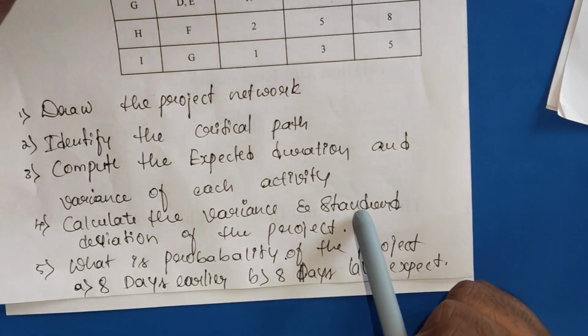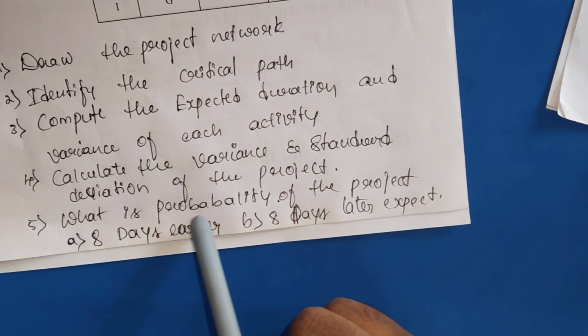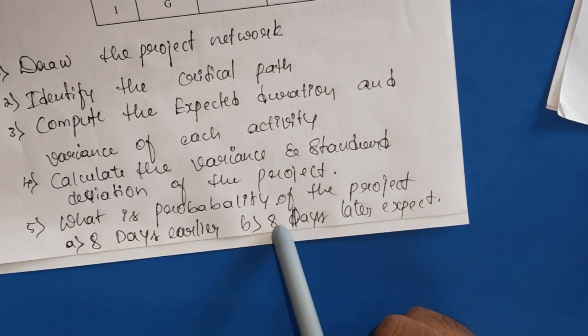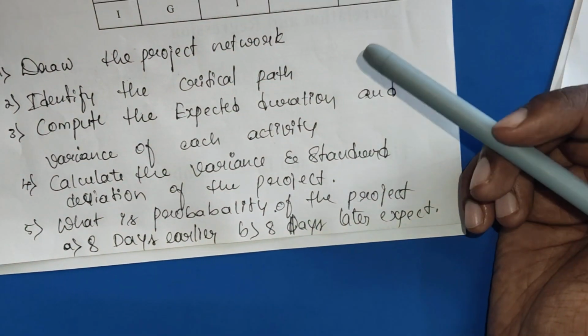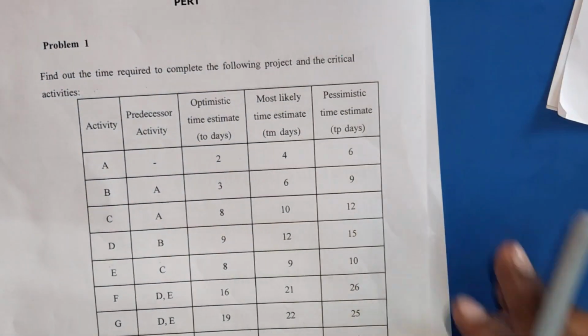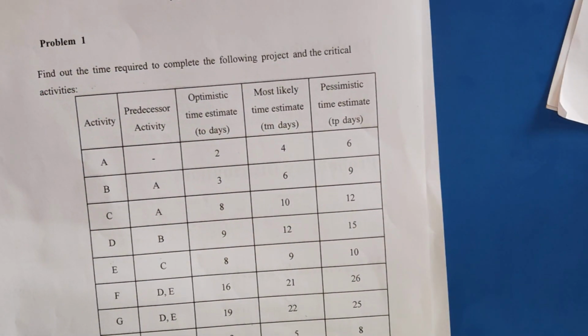At the end we need to find the probability of the project if it is 8 days earlier as well as 8 days later than expected. Clear? The problem is lengthy, no worries. We can go through it step by step.